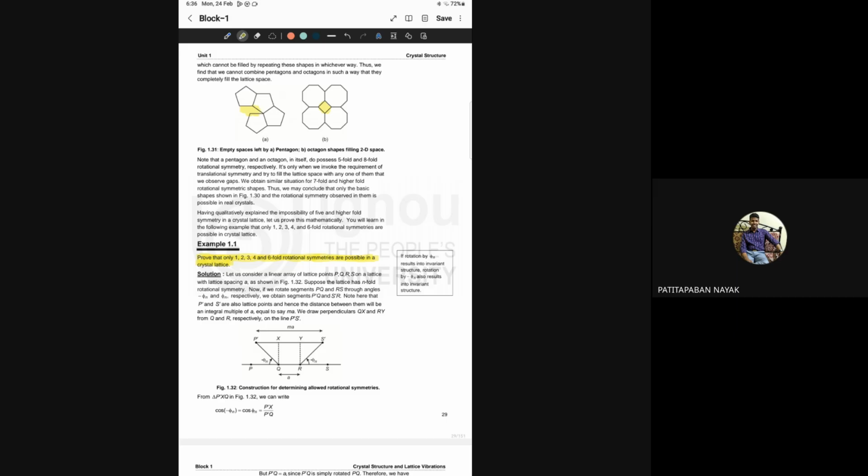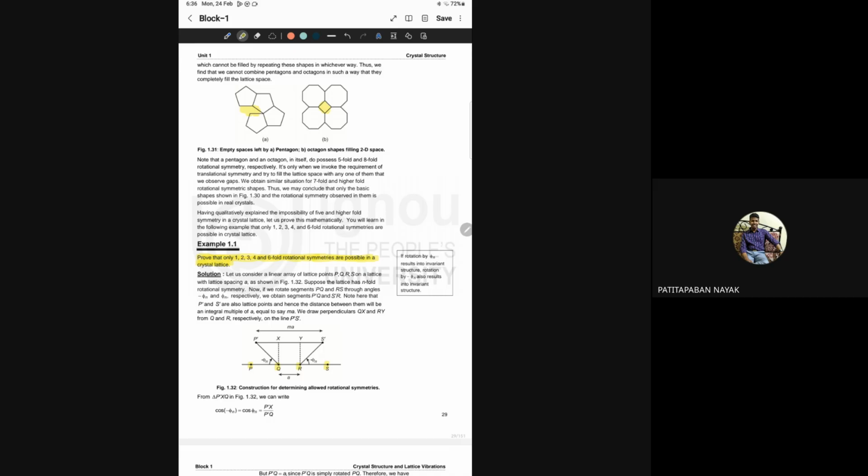What is it telling? Let us consider a linear array of lattice points PQRS on a lattice with lattice spacing A. So it is taking P, Q, R, and S at a distance A. Suppose the lattice has n-fold rotational symmetry.